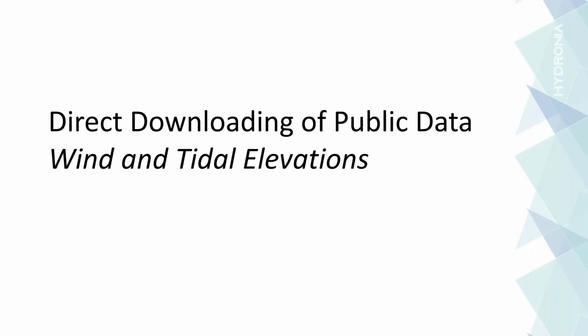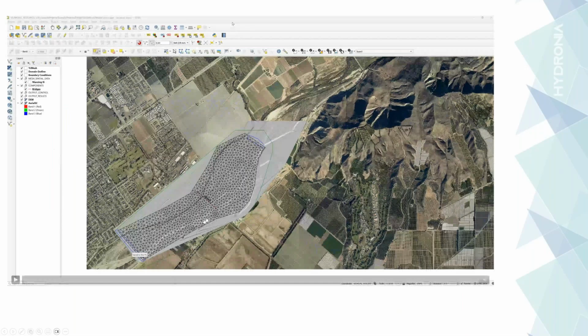And you will be able eventually to download this information and use it in the model. So now it is available for wind and tidal elevations. And I will show you this quick example that I created to show you how it works.